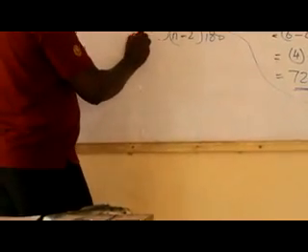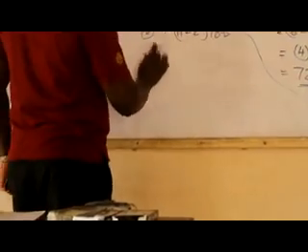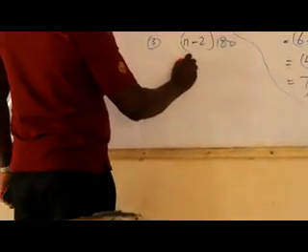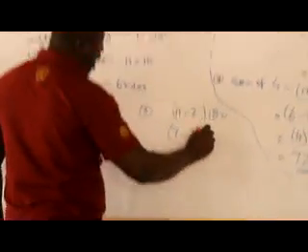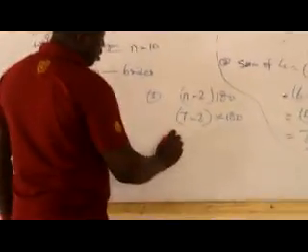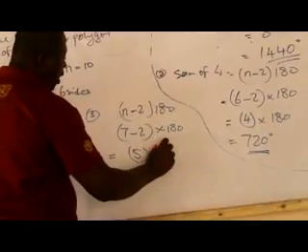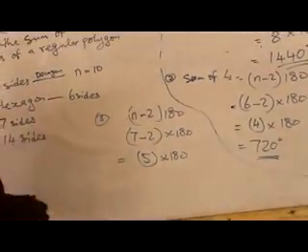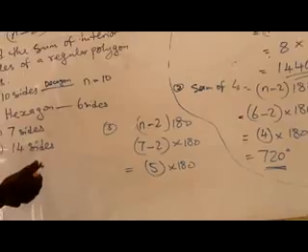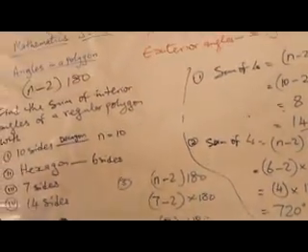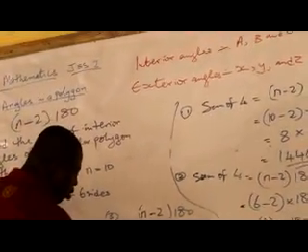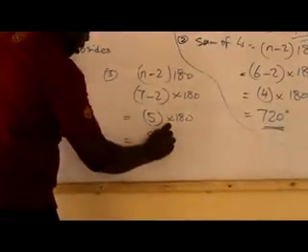Where n is equal to 7, we have 7 minus 2 multiplied by 180. 7 minus 2 is 5. 5 times 180 will give us 900. So this is 900 degrees.